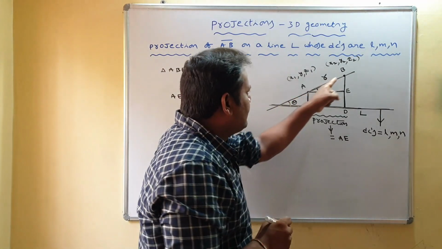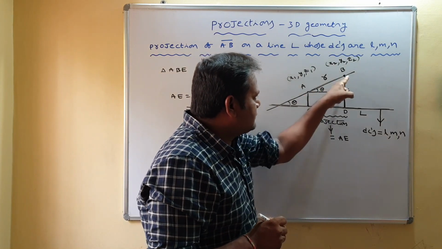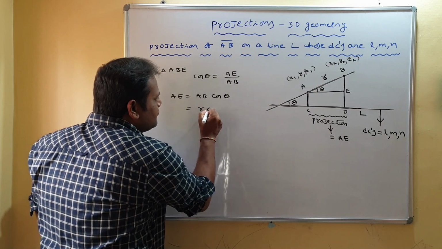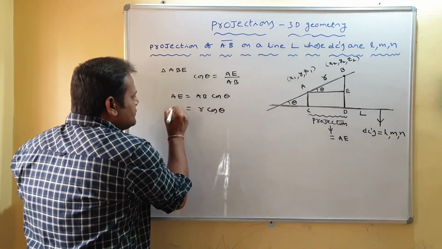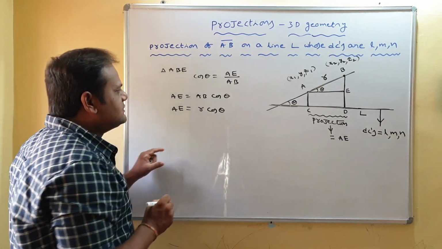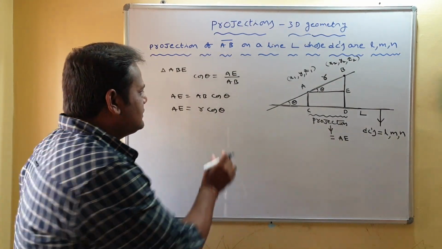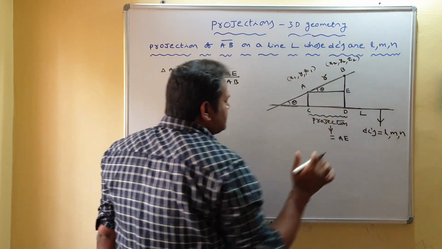Here we have taken the AB length as small r. So it is simply r cos theta. So AE is equal to r cos theta. Theta is the angle between the two lines.